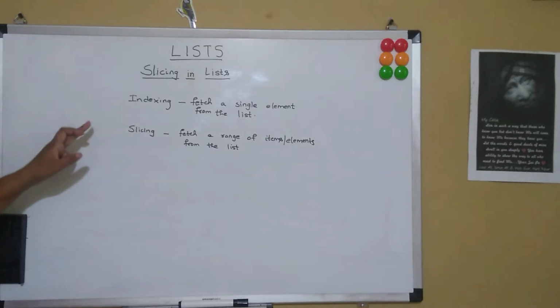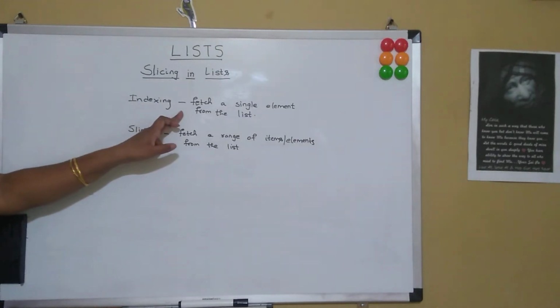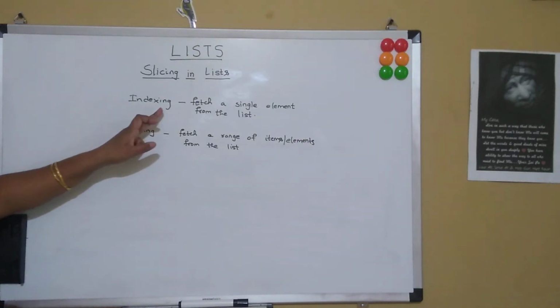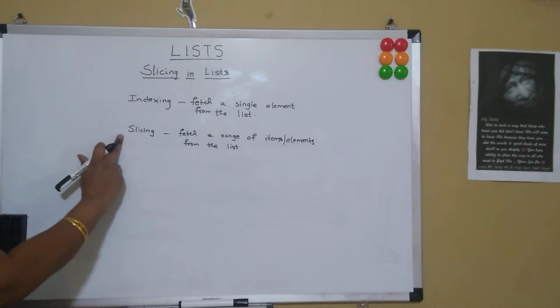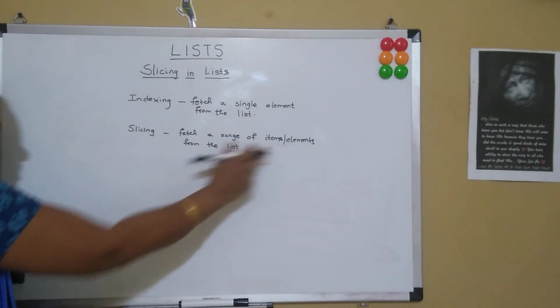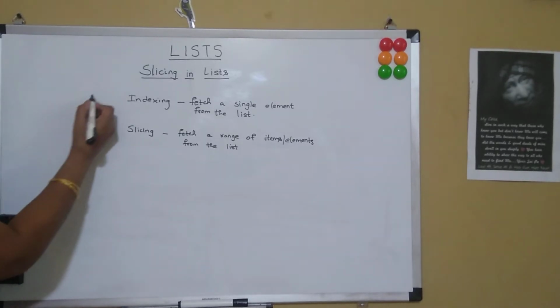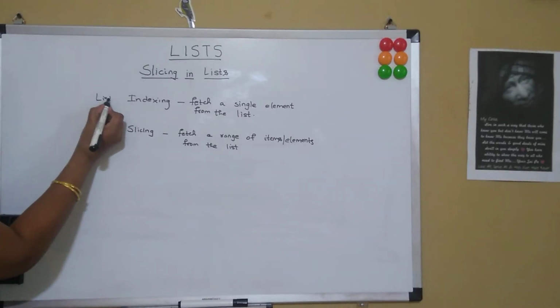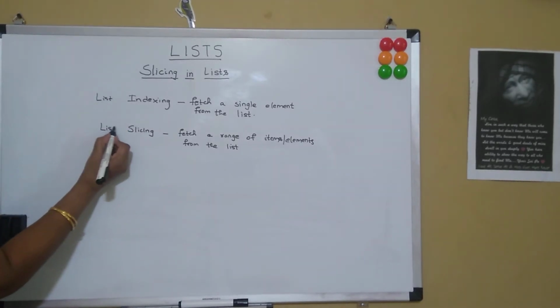So this is the main difference. Indexing means a single element is fetched from the list at one particular time. And list slicing means to fetch a range of items or elements from the list. So this is basically list indexing and list slicing.